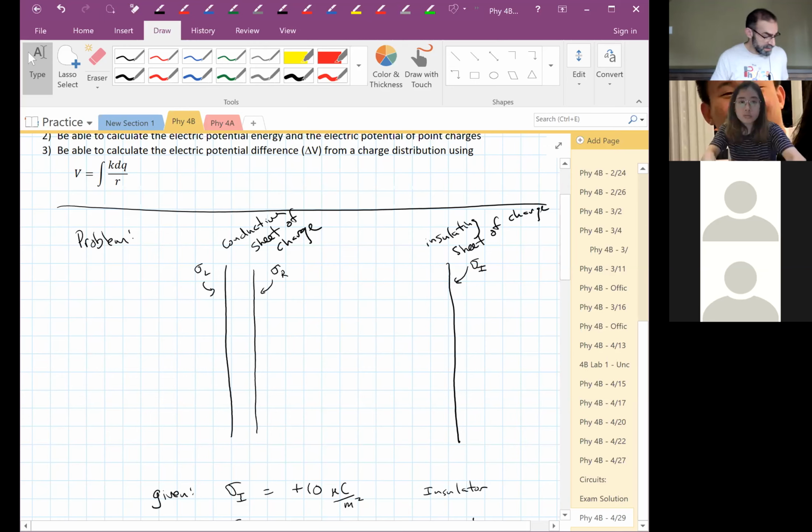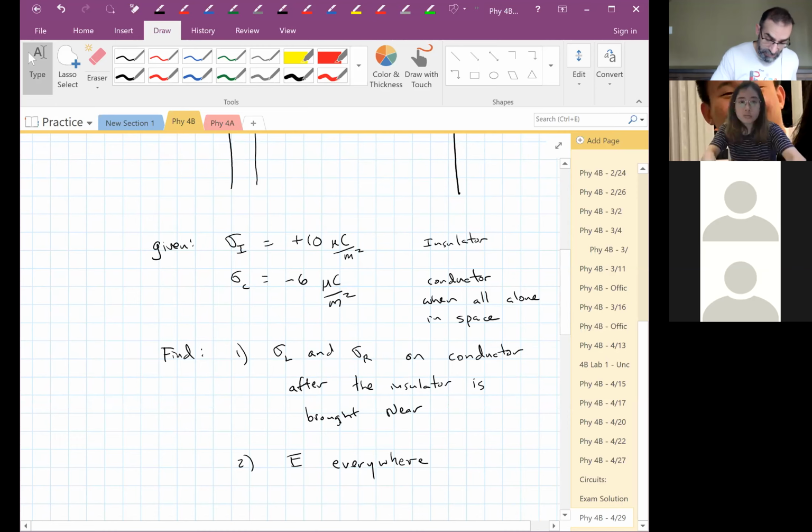So this is how I do this problem. I just pretend I have 3 insulating sheets of charge, okay? Because that's fine. I can treat them that way. 3 insulating sheets of charge. So that's the way I started out.